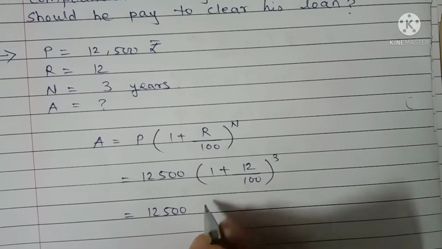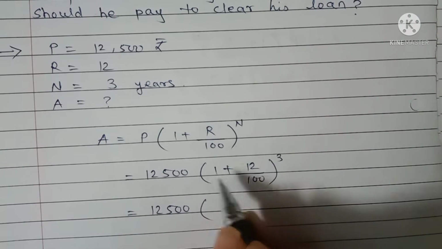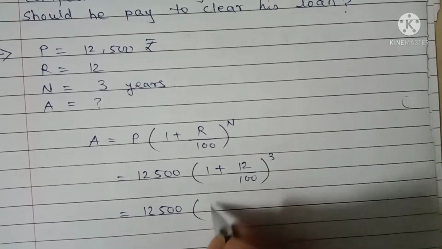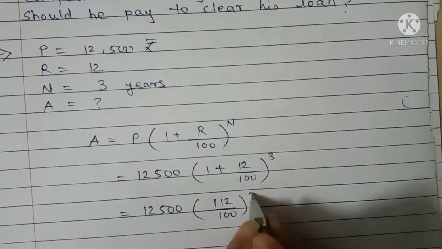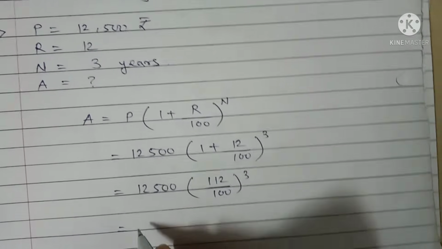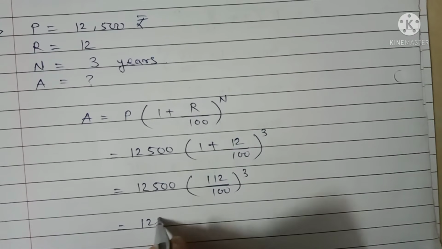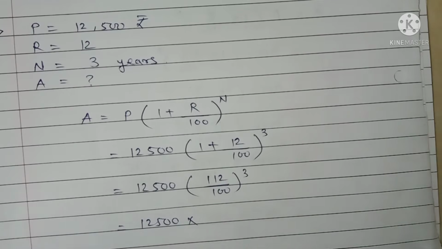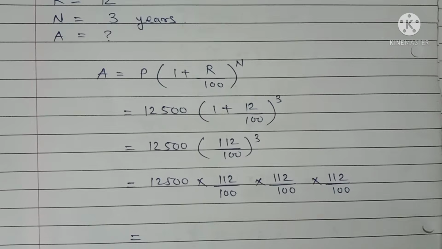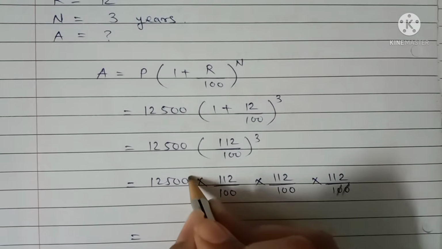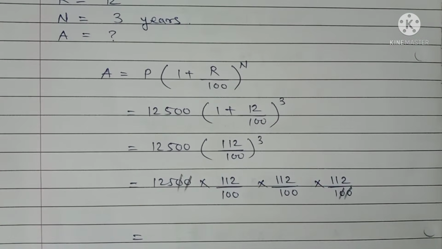12,500 into bracket 100 1s are 100 plus 12, 112 upon 100 raised to 3. 12,500 multiply by, write down this 3 times. Here 0 0 0 0 cancel.